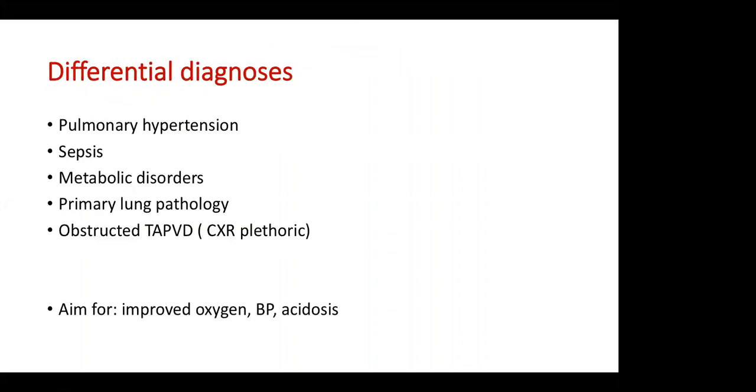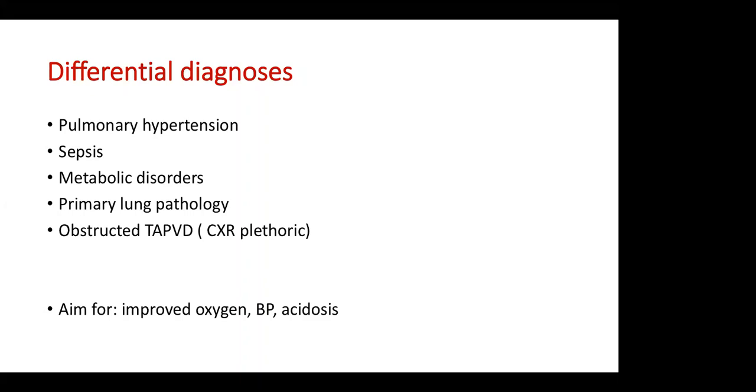But don't forget, not all desaturated patients are cardiac. You have to keep in mind, if they don't respond to prostaglandin, that they could have primary pulmonary hypertension, they could be septic, they could have any metabolic disorders presenting with low cardiac output, they could have primary lung pathology, they could have cardiac disease that doesn't respond to prostaglandin, as we spoke before, like obstructed total anomalous pulmonary venous drainage.